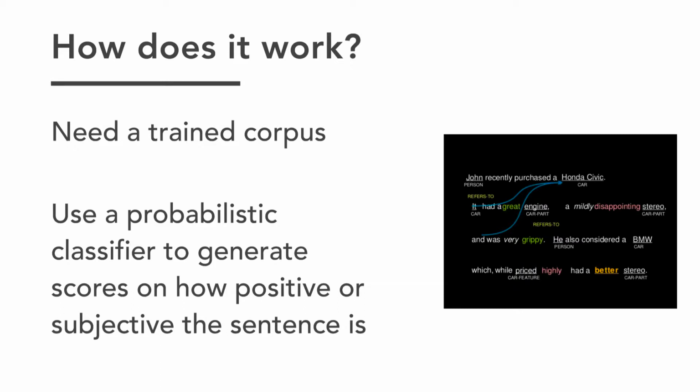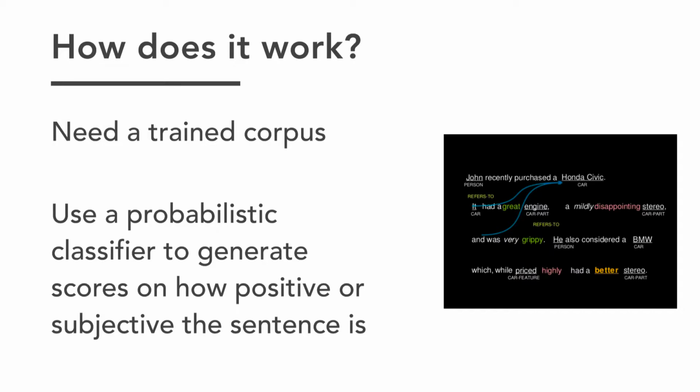And essentially what that does is it's been trained on a corpus and it looks at the relative distribution of word frequency. So if we have a sentence, "I love San Diego," it's going to look at the relative word frequency of those words in the distribution of positive sentences and negative sentences.